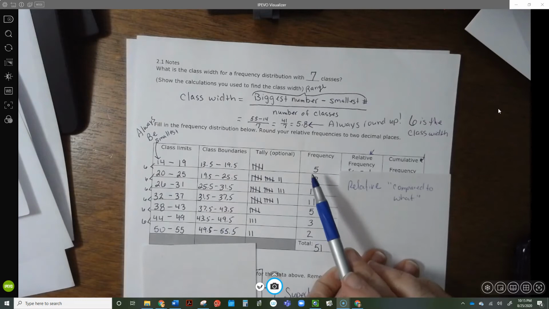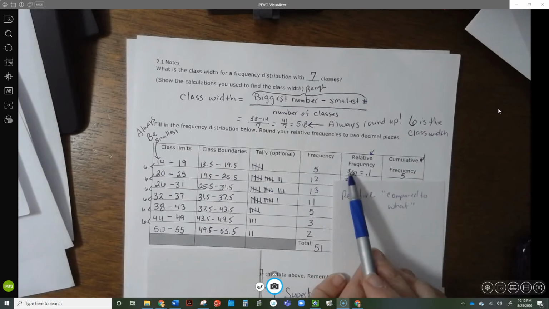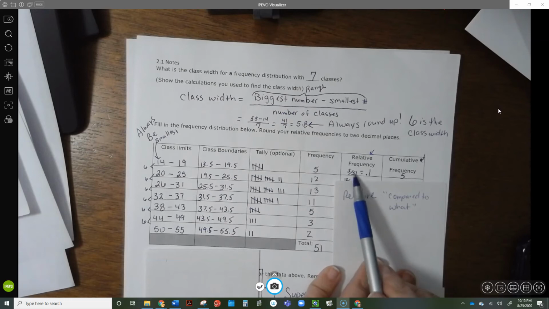Okay, so if you tell me the frequency right here is 5, if that's all I know, that the frequency is 5, is that a lot? Well, I have to know that this is 5 out of 51. Okay, so 5 out of 51. You tell me compared to what? The total.